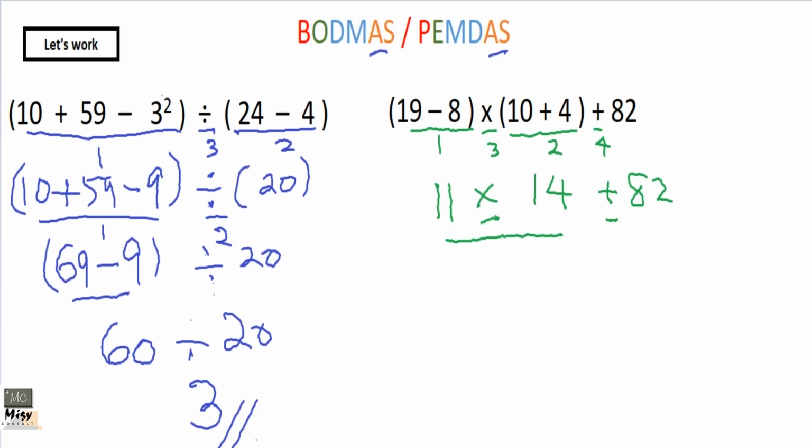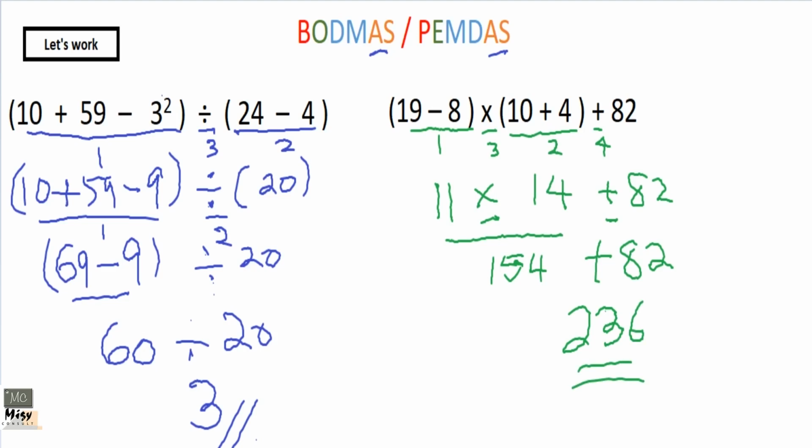So 14 times 11. 14 times 11 is 154. You need to learn your multiplication. Then we bring our plus 82. So we get 236 as our answer. Okay.